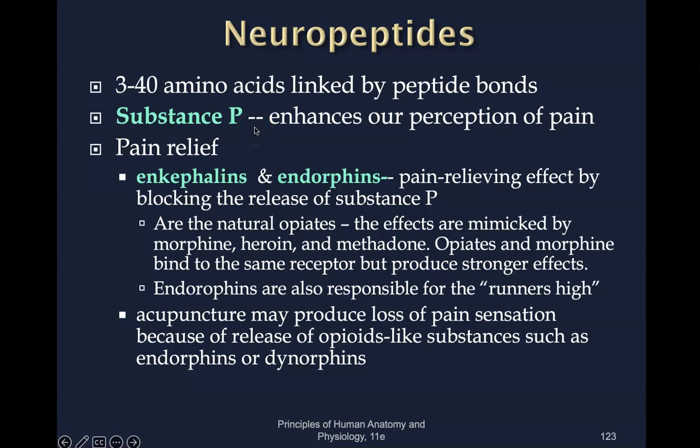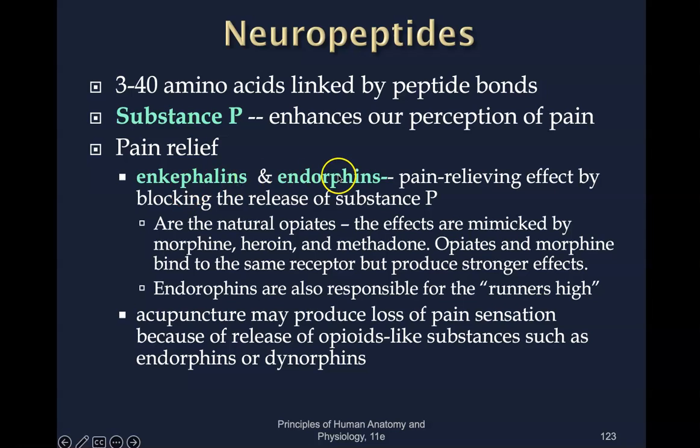As you can imagine, our body targets substance P on its own for pain relief by producing some of these natural pain relieving neurotransmitters. Enkephalins and endorphins are both pain relieving neuropeptides that are going to block the release of substance P. So kind of cool.